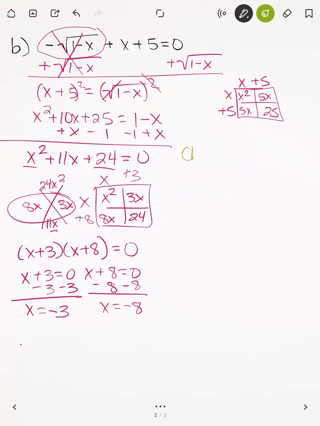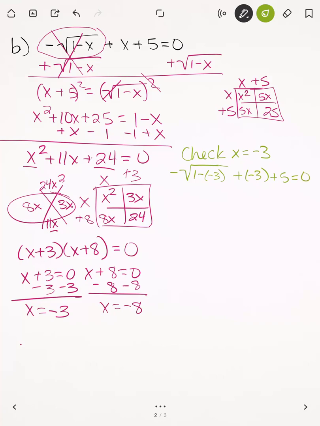So I'm going to start with checking x equals a negative 3 by plugging it in. Again, go to your original equation just in case you made a mistake throughout the work. I have a negative square root of 1 minus a negative 3, be careful because it is minus, but we're plugging in a negative number, plus a negative 3 plus 5, and we hope that it equals 0.